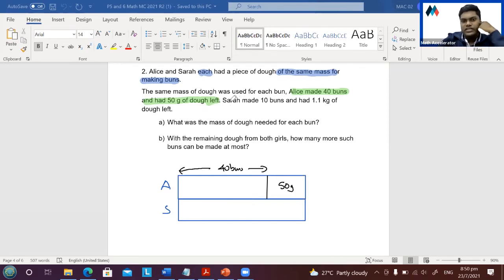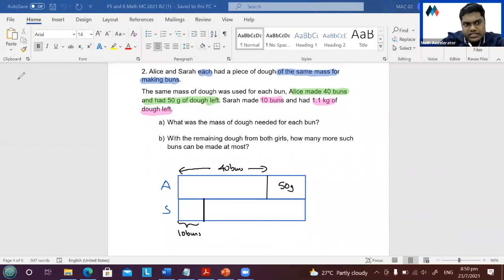Now let's look at Sarah. Sarah made 10 buns and had 1.1 kg of dough left. So Sarah had 10 buns and had 1.1 kg of dough left. So write down here 10 buns. Okay, wait.